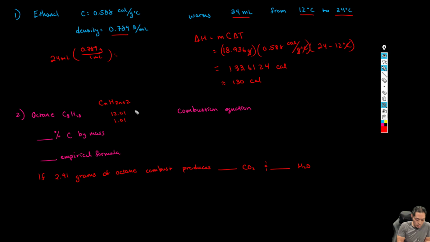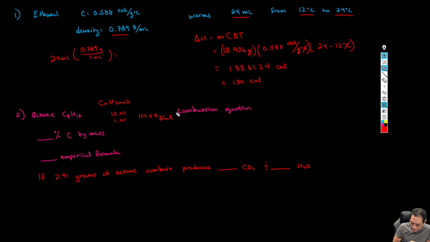times 12.01 plus 18.01, I get a molar mass of 114.09 grams per mole.